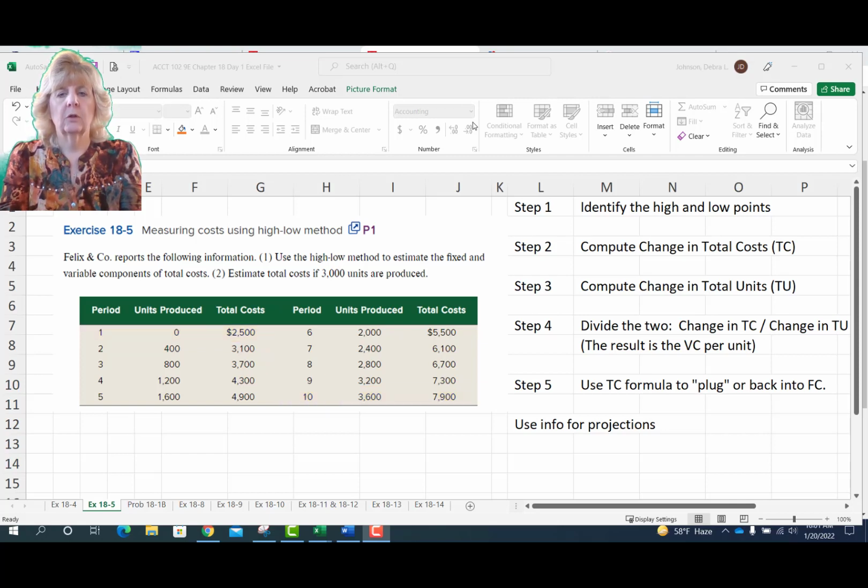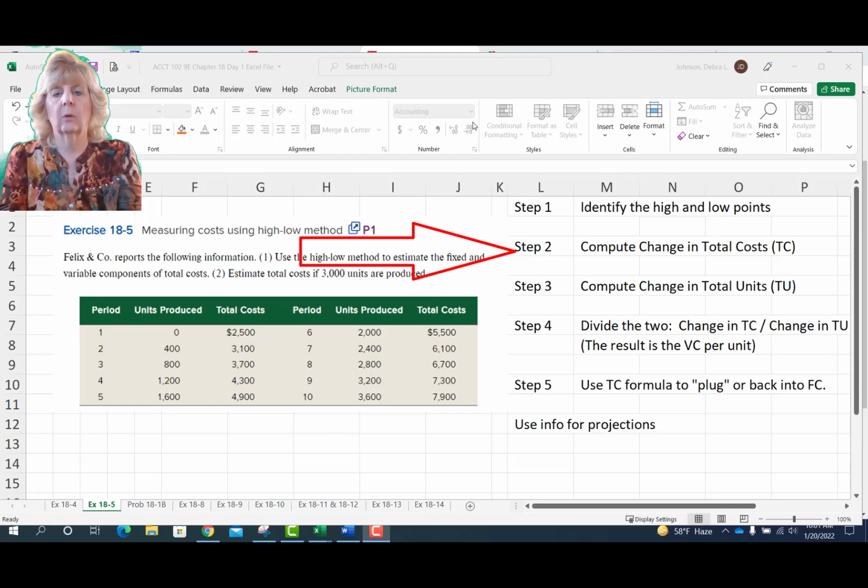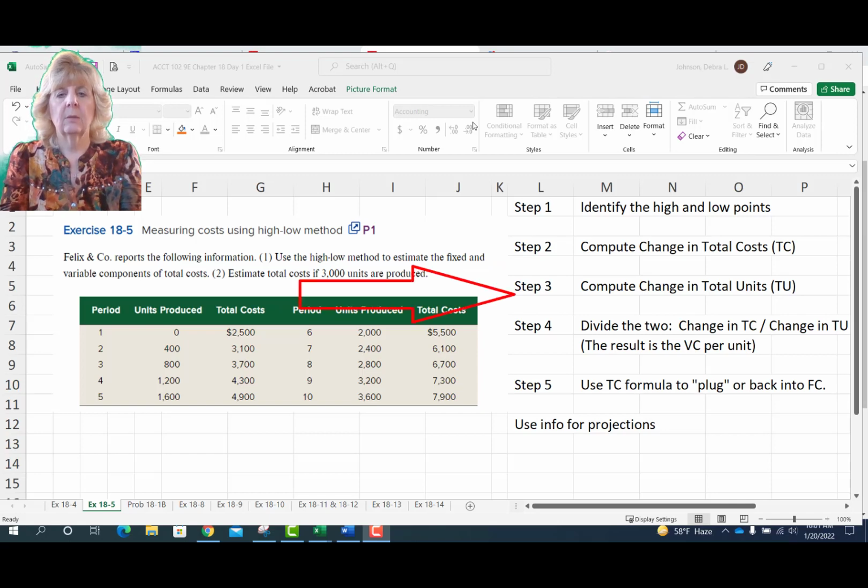Isolating just those 2 periods, step 2 will compute the change in the total cost. Take the difference between the high and the low point in terms of total cost. Step 3, using the same 2 points, compute the change in total units. Step 4, divide those 2 items.